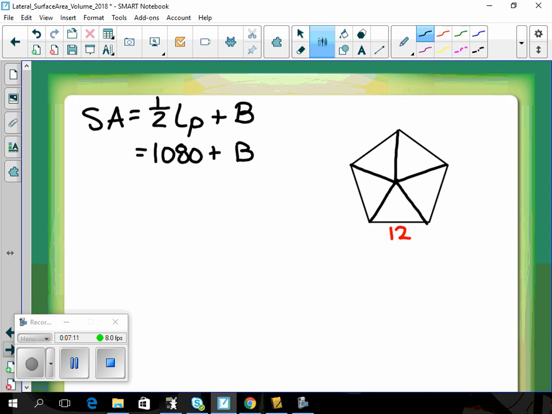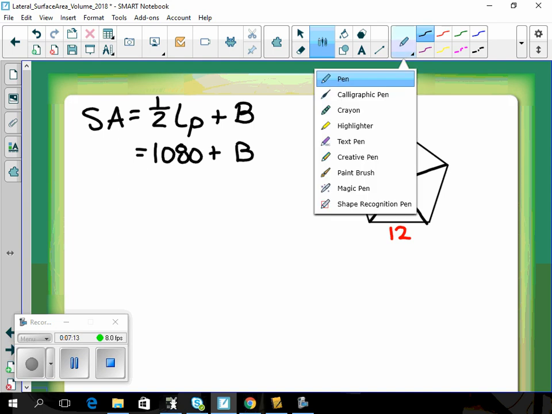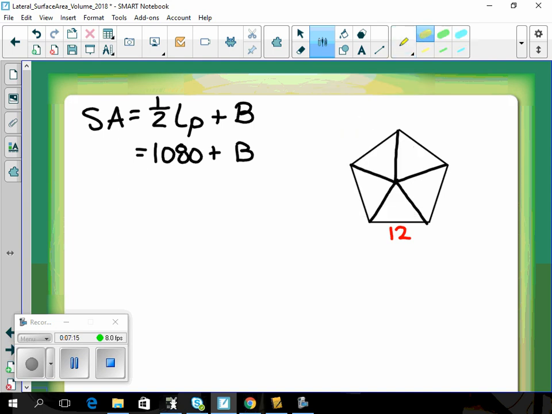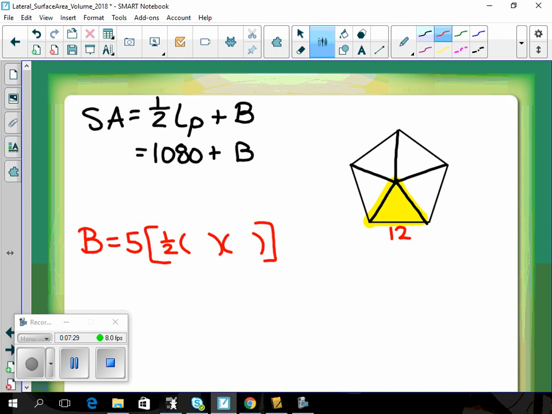And I want to find, how many of those triangles do you see? 5 of them. So when I want to find the area of the base, I have to have 5 triangles, 5 times 1/2 base times height. This is what we did on Monday, for those of you that were out on Monday.